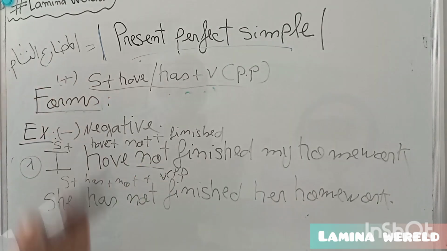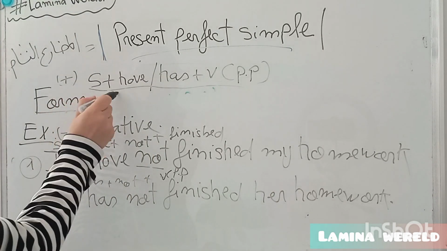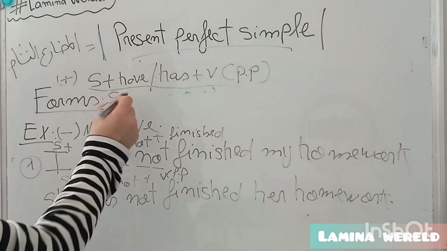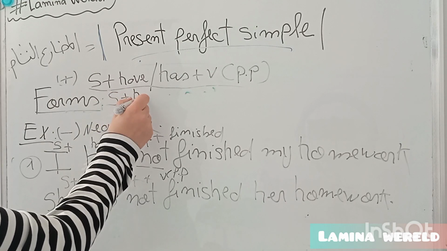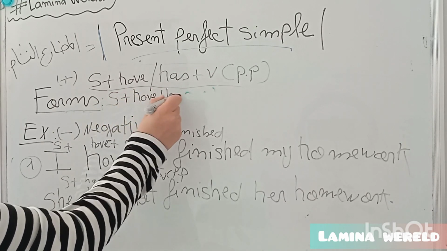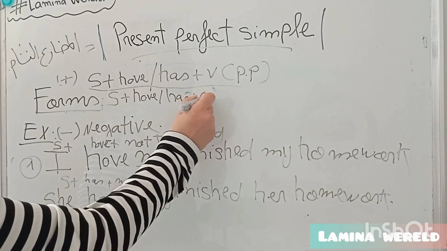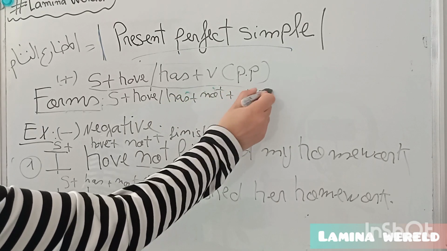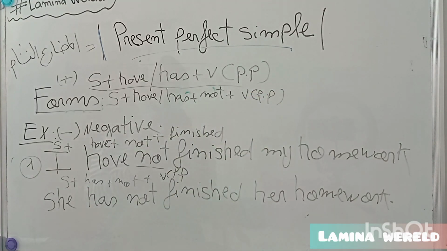So the rule, what will we write? The subjects I or she, he, it, okay? So subject plus have or has plus not plus verb in the past participle. Is it clear now?